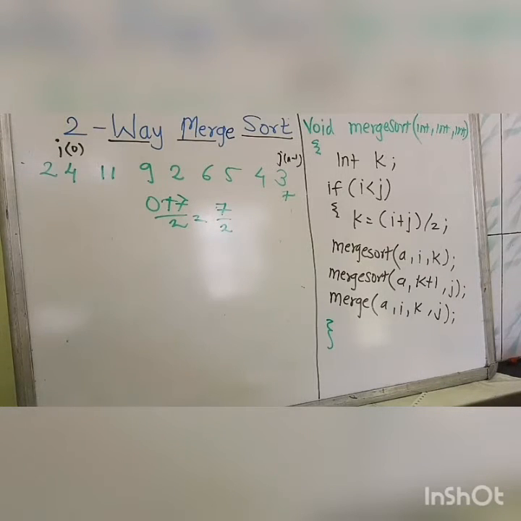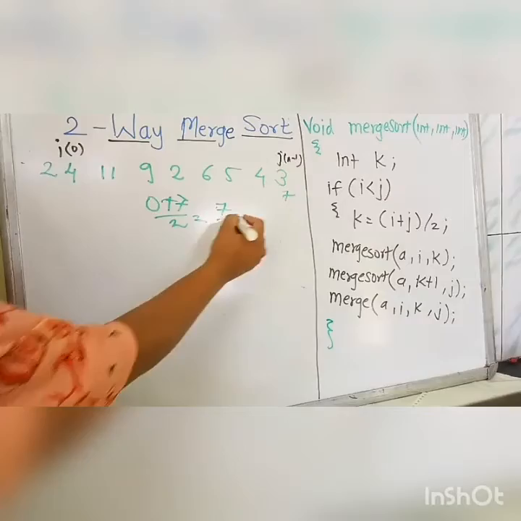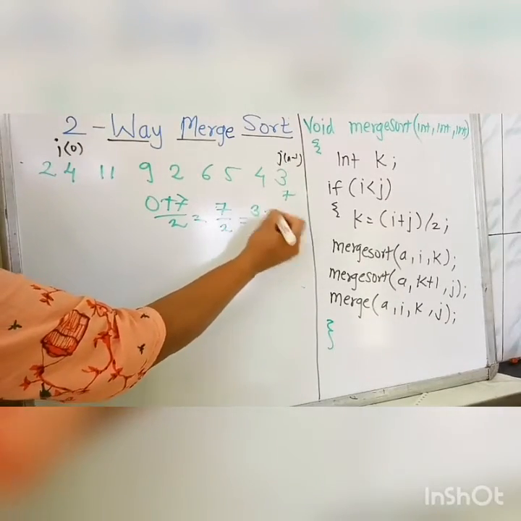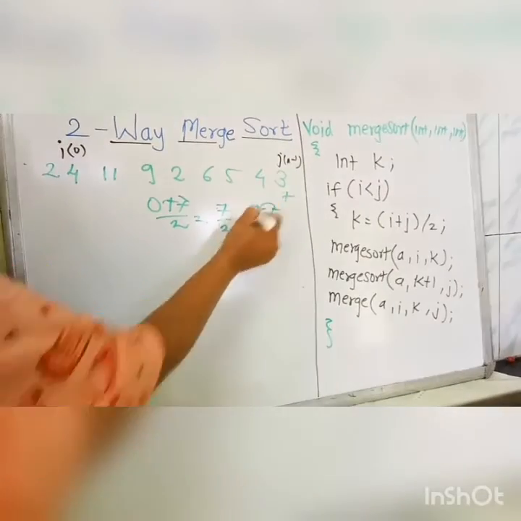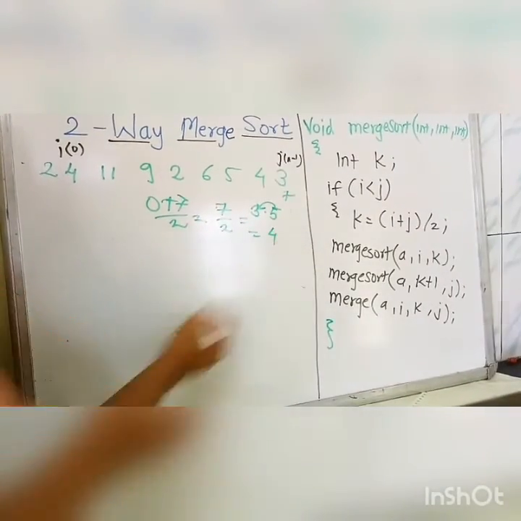It will calculate like 2 3s are 6, 2 5s are 10, and on average it will convert it into 4.